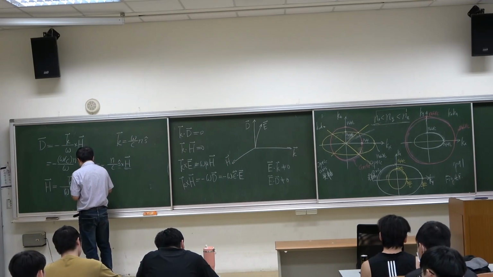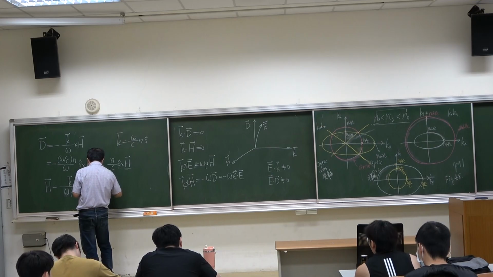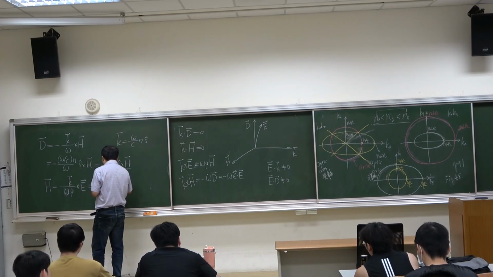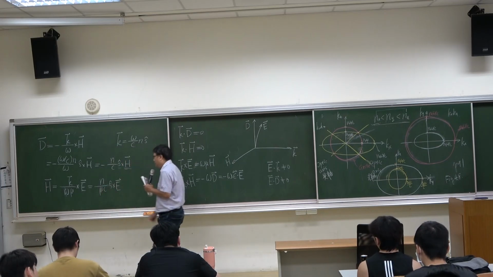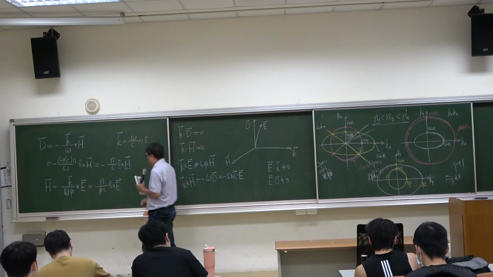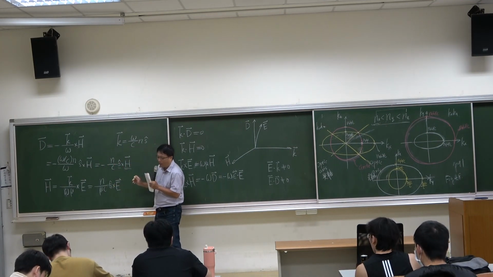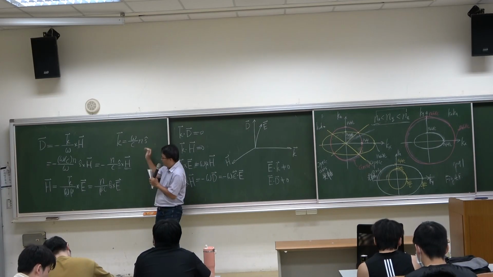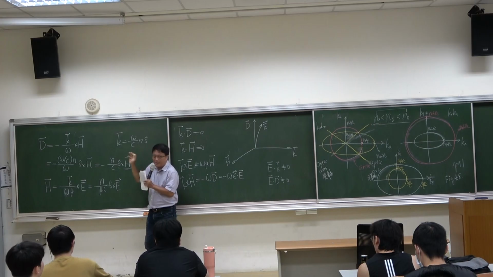So this gives us n over mu c s cross E. Okay? We already know how to calculate the E polarization once we know the refractive index n and the propagation direction s.